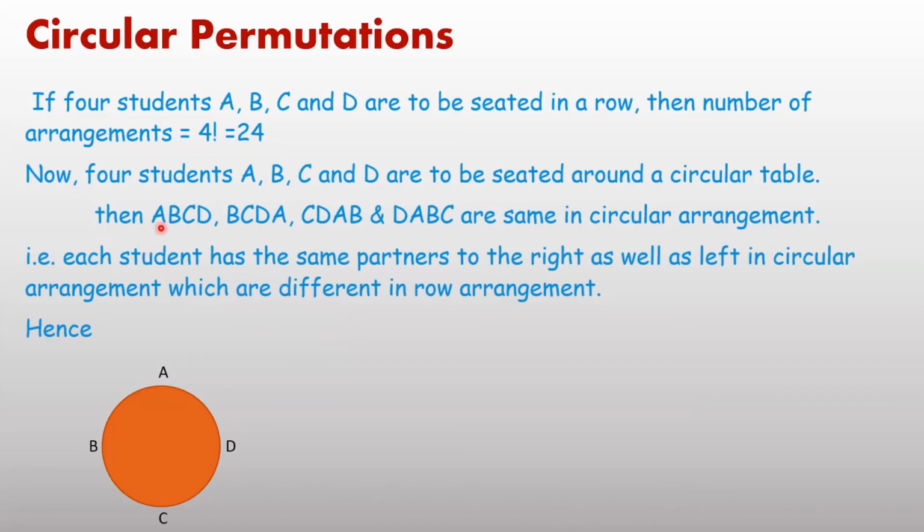For example, here B is between A and C, but in the second case, B is on a corner. B is not between 2 students. Here again B is in the other corner. Again B is not between 2 students. And in the fourth case again B is between A and C.